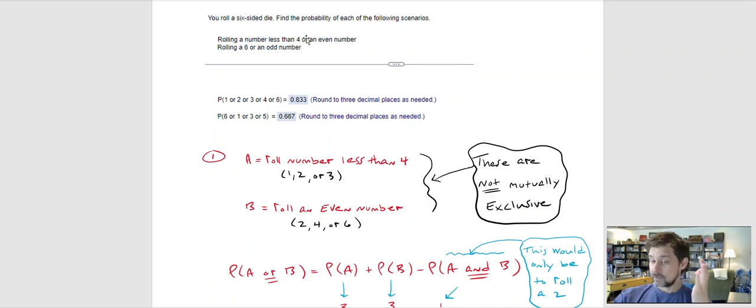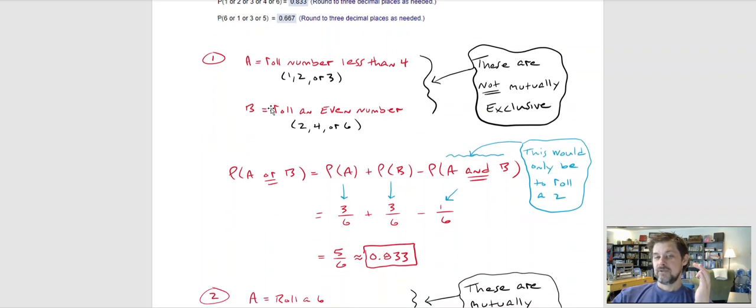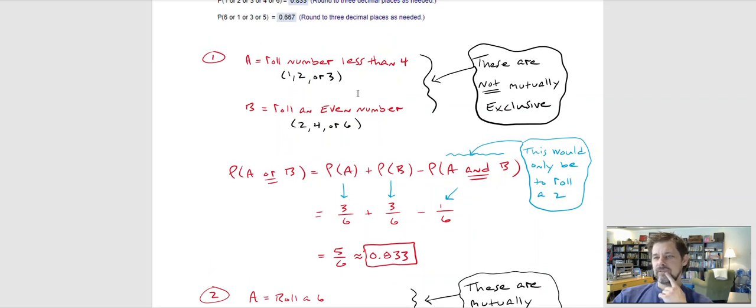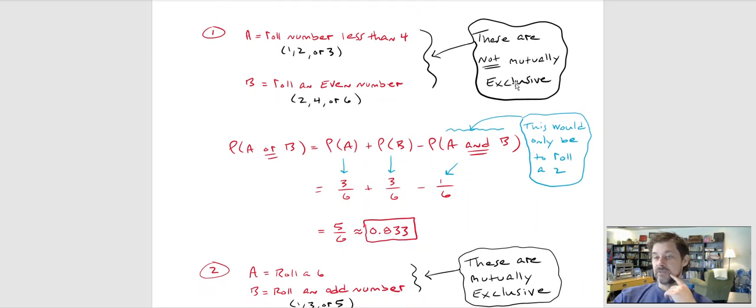So there's the or again. So when I do this first one, event A by itself will be roll a number less than 4, and event B will be roll an even number. So before we go any further, let's say, are these mutually exclusive or not? That would amount to, can these both happen or not?